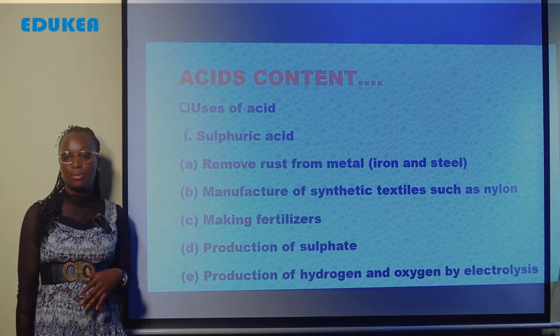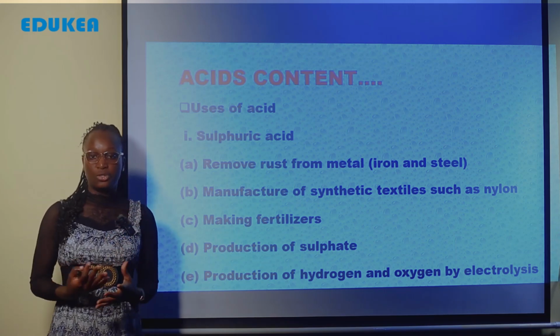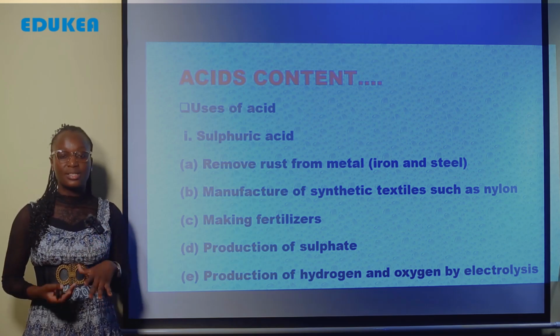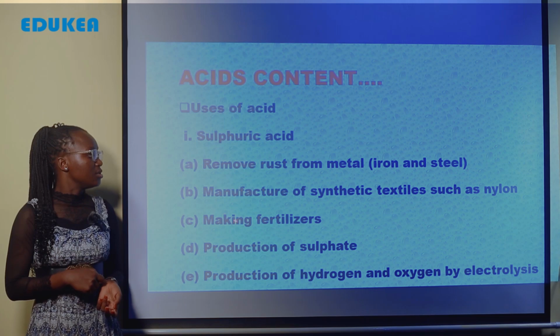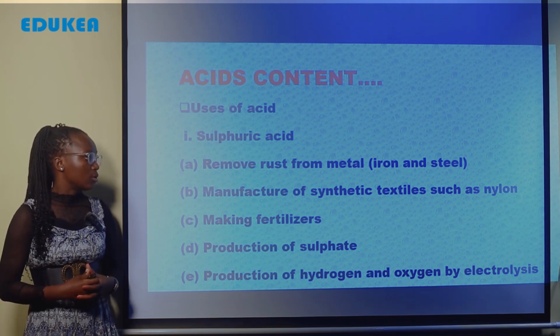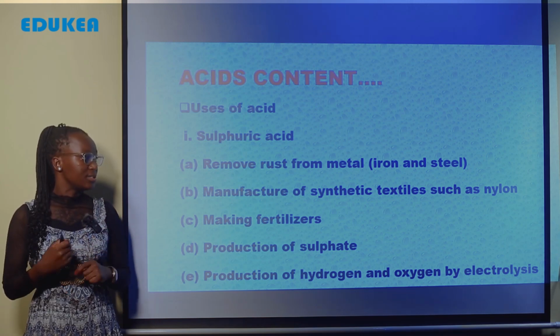Kwamba matumizi yake ndo hayo. Vile vile sulfuric acid is used in manufacturing of synthetic textile such as nylon. Kwamba yenyewe inatumika kwenye manufacturing of synthetic textile, kwenye viwanda vya textile, kwa mfano utengenezaji wa nylon.